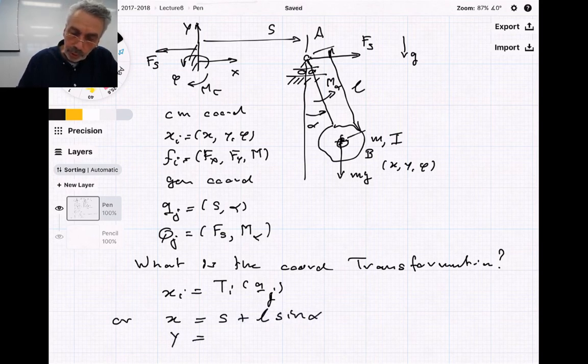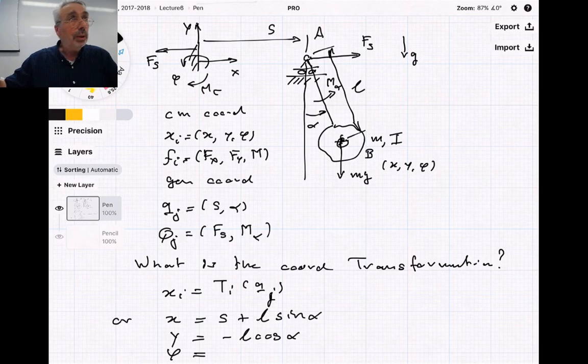Then the vertical position, measured from this point, is down, so that's minus, and it's L times the projection, cosine alpha. And then the angle of the thing is, if we take the horizontal always as 0, just alpha.